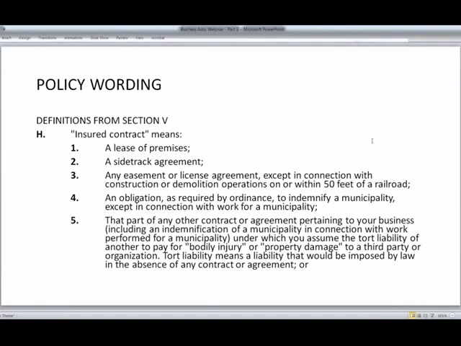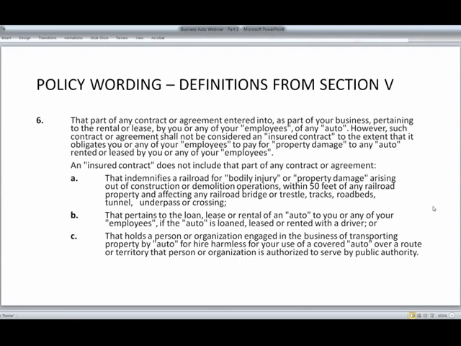So that is fairly broad, these 5 here. They only take contracts away for the following: that part of any contract or agreement pertaining to your business pertaining to the rental or lease by you or any of your employees. So when your insureds go out and you let them sign a lease agreement on a business trip from Hertz or Ryder to lease that vehicle, that lease agreement has a hold harmless agreement in favor of the leasing company.